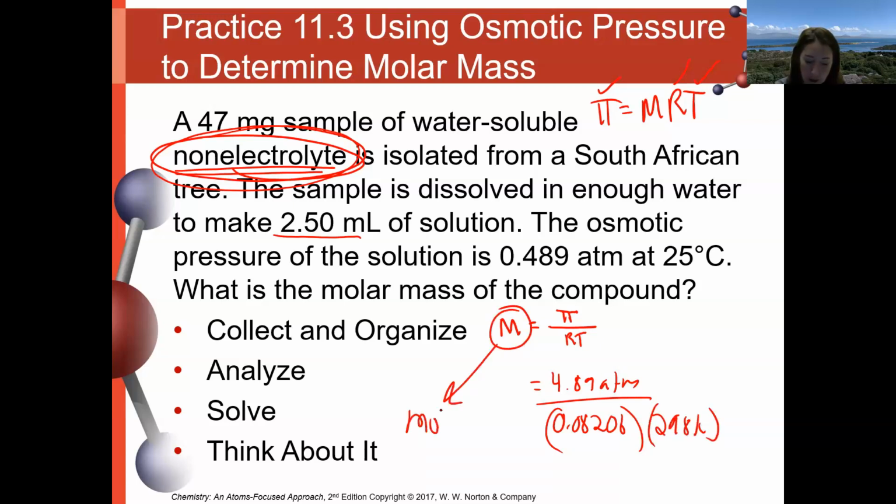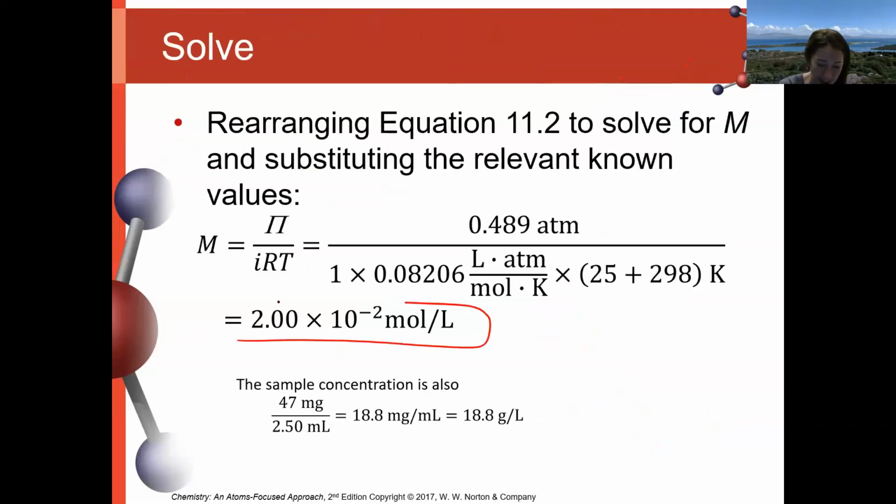Remember, molarity is moles over liters, right? And then look, they give us the liters. We can use that whole molarity piece. Okay, so when we do this, I'm just going to put your answer here. Here's your molarity.